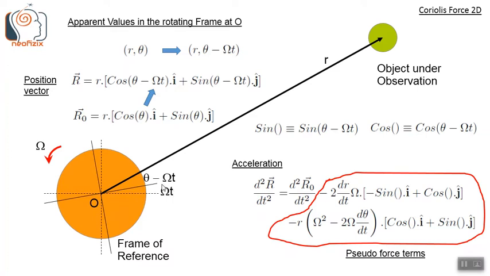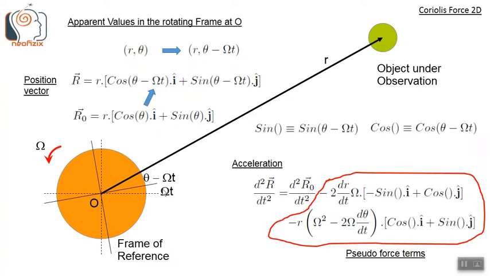So if at initial time t equals 0, the xy axis of the frame was oriented along these dashed lines, at some other time instant t, the xy axis are oriented differently, as shown by these solid black lines. So the frame has rotated from this dashed line configuration to this solid black line configuration.